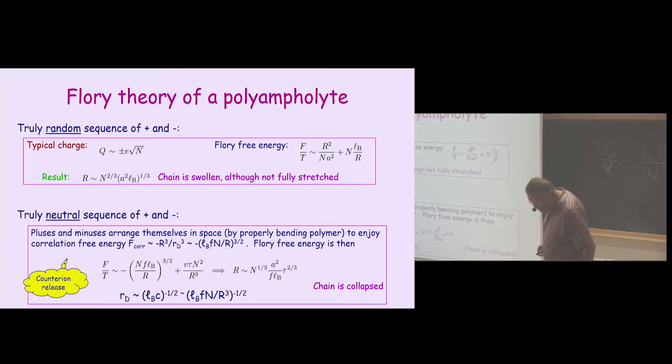It is a non-trivial 3/2 power, okay? Remember that the Debye screening length is concentration times Bjerrum length to the power minus 1/2. This is non-trivial power minus 1/2 and non-trivial power 3, and this is all combined to give you this 3/2. This is a non-trivial power. I'm not necessarily saying that this is something trivial.